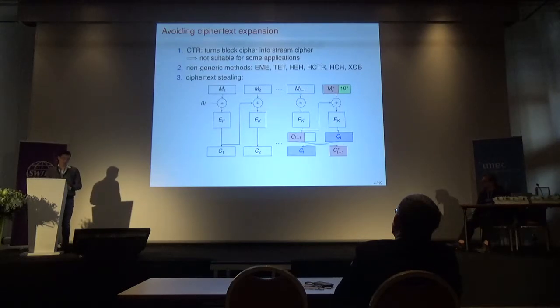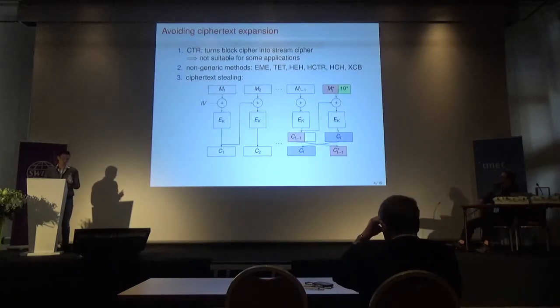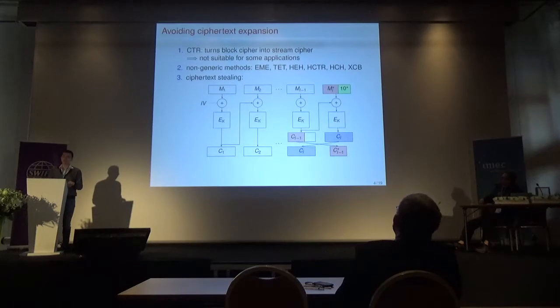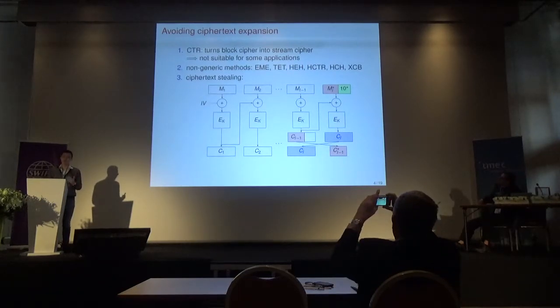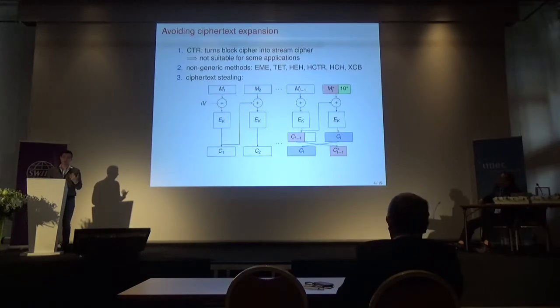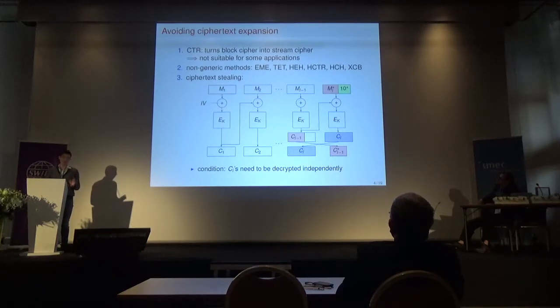At the end, we just swap this truncated block with the last ciphertext block. Ciphertext stealing cannot be used separately, so it can only be applied with some mode of operation. But this leads to the following condition, namely, ciphertext stealing can only be applied to modes of operation where the ciphertext blocks can be encrypted and decrypted independently of each other.